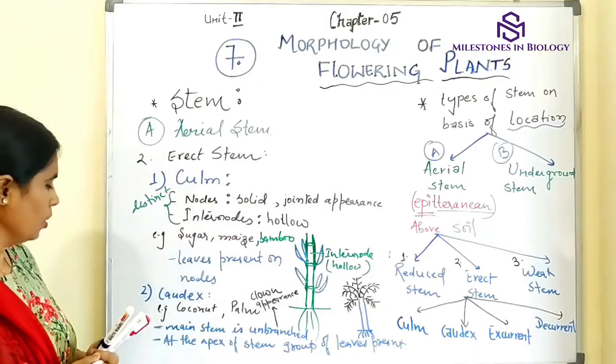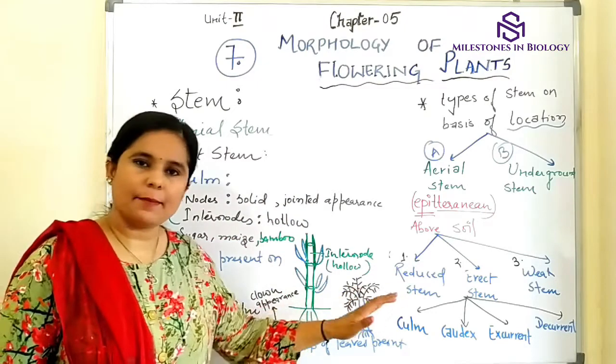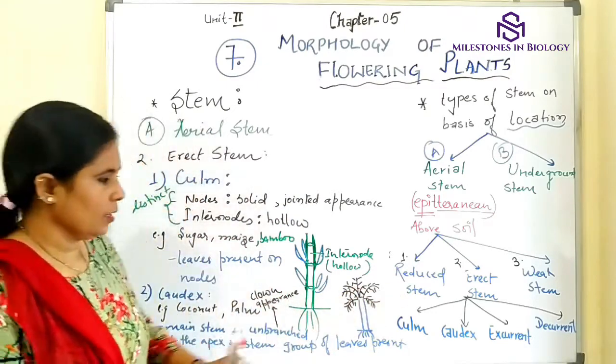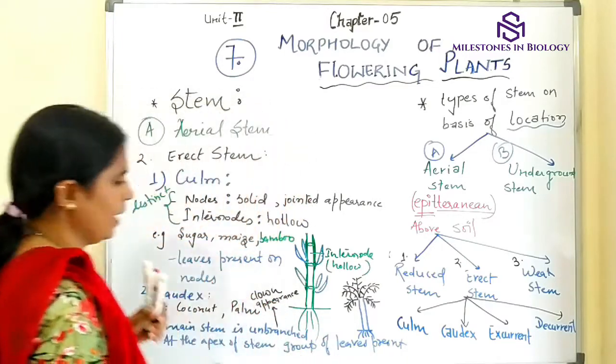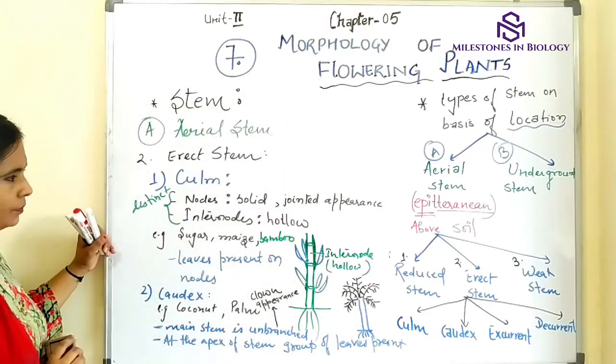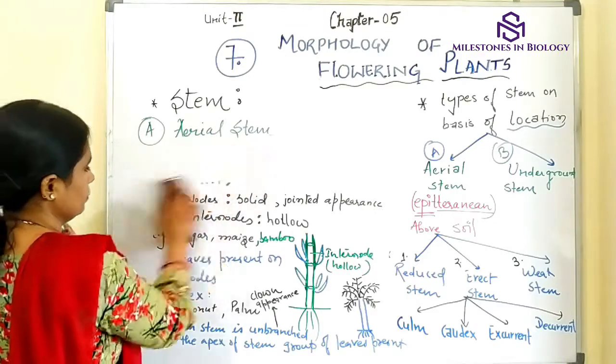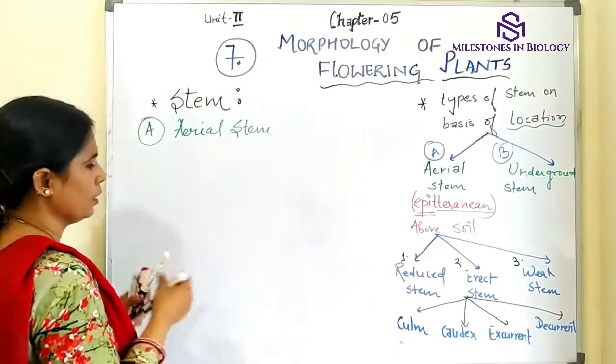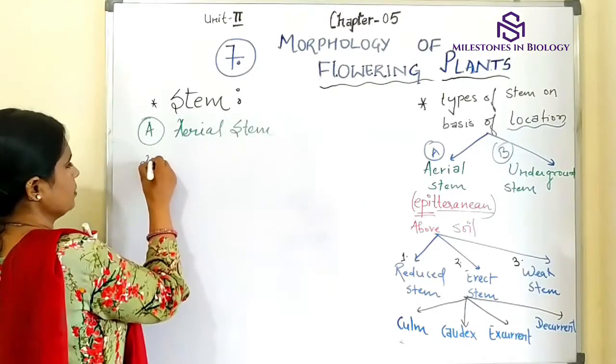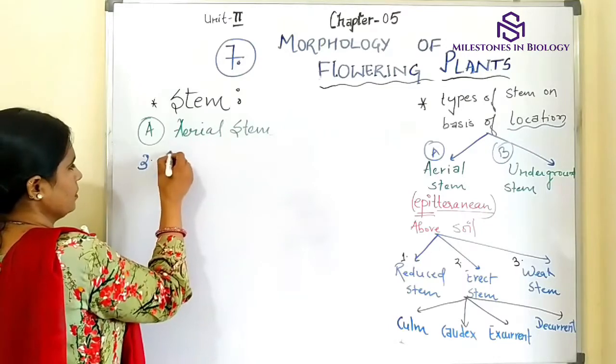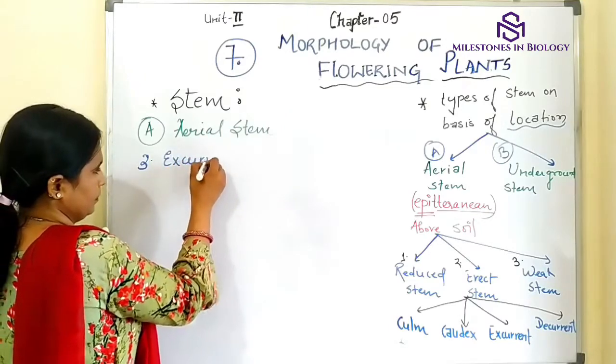This is the caudex. This kind of stem is called caudex. Number three is excurrent. So the third type is excurrent.